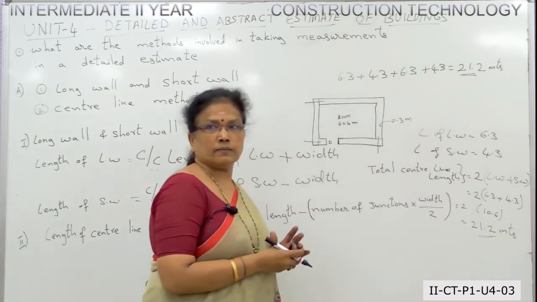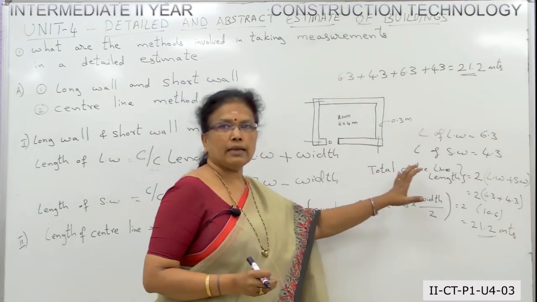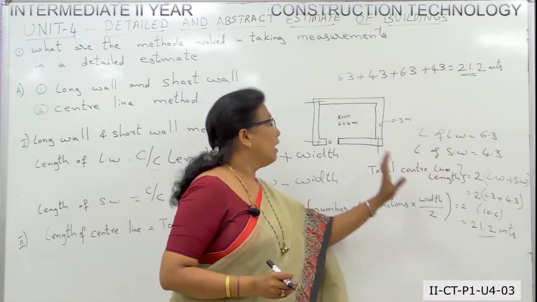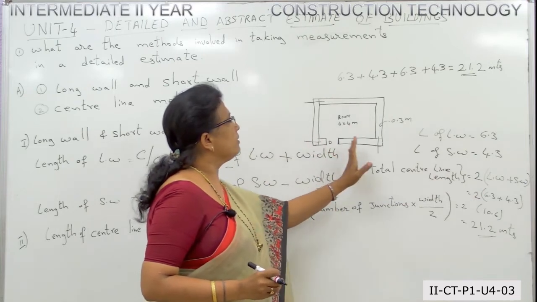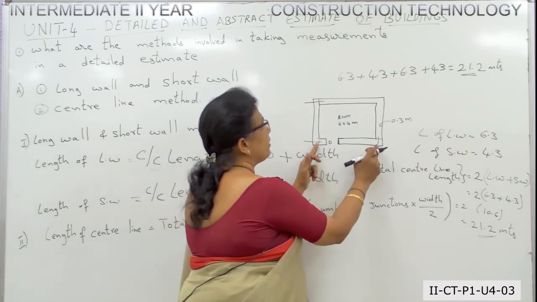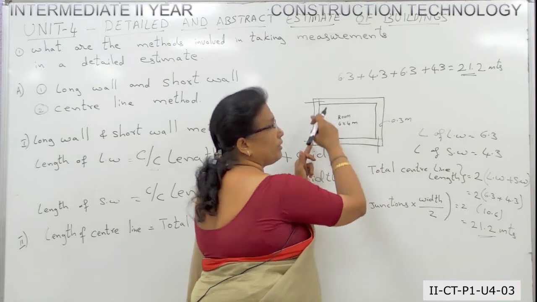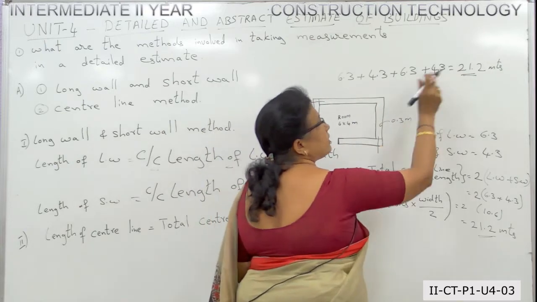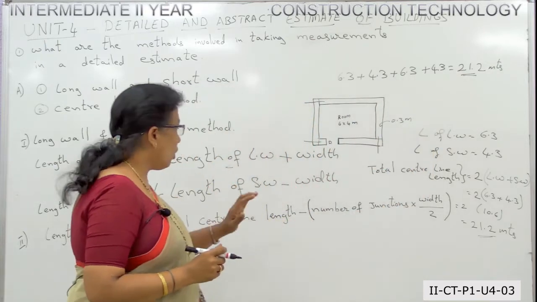If you take it individually and calculate from here to here, this is the total center line.